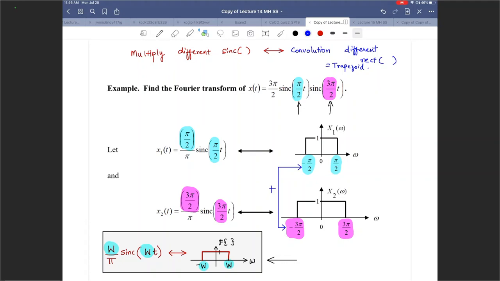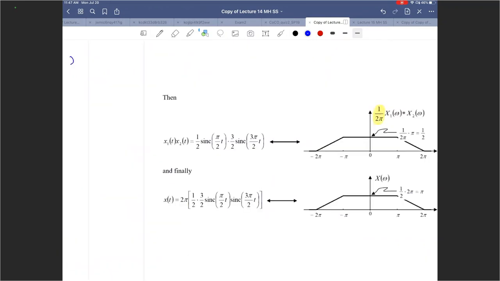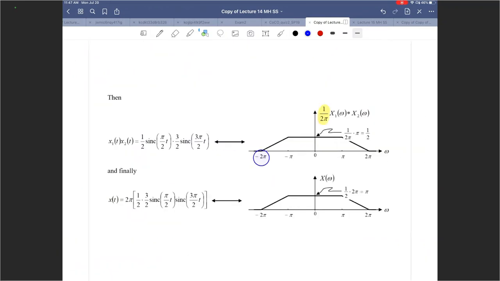When you add up the upper limits of the convolution, you also get 2 pi, right? So I already know that the convolution starts at negative 2 pi and ends at 2 pi.